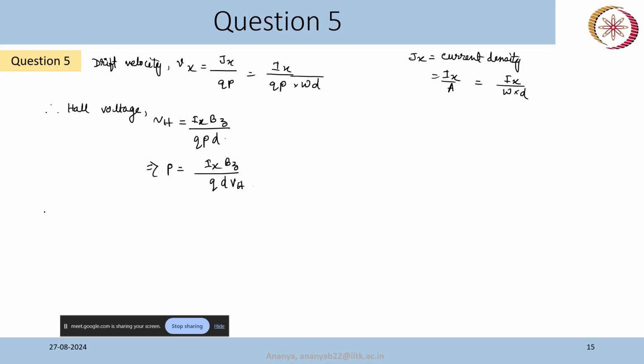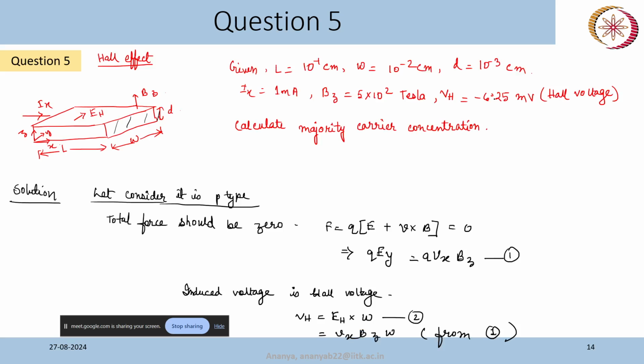This is for P type. For N type material, this will be minus Ix Bz by Qd into VH, the sign will be opposite. Now here you can see our Hall voltage VH is negative.